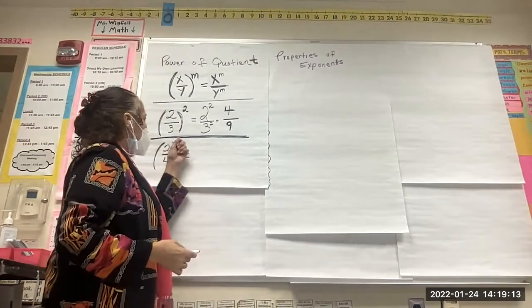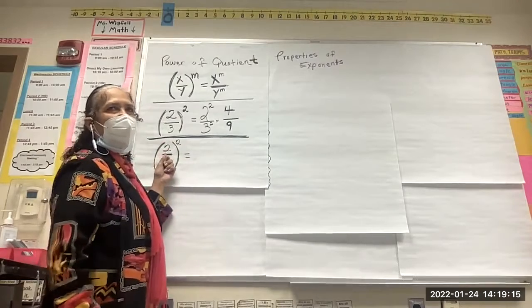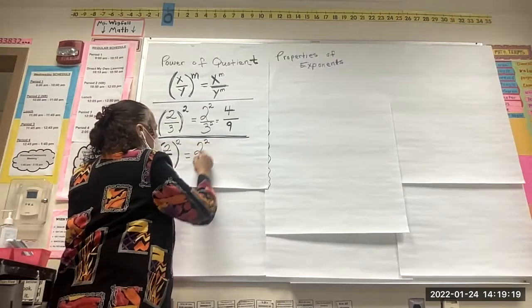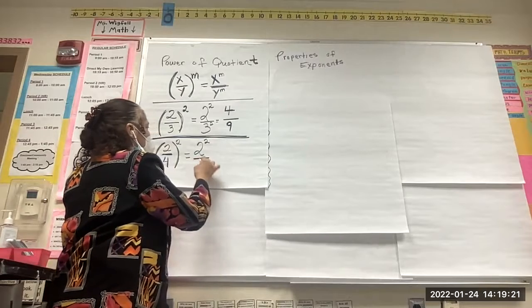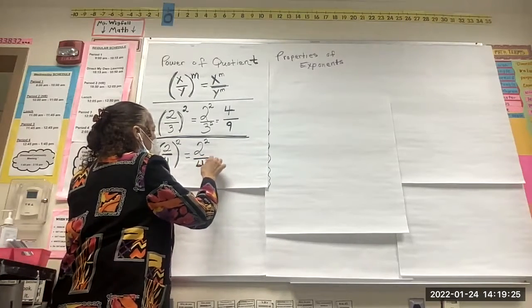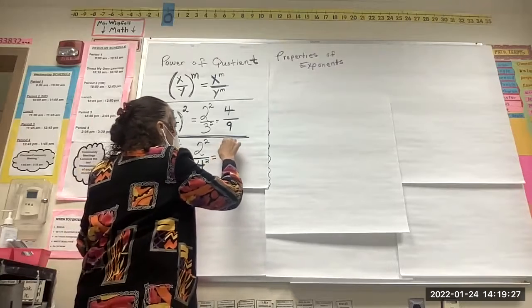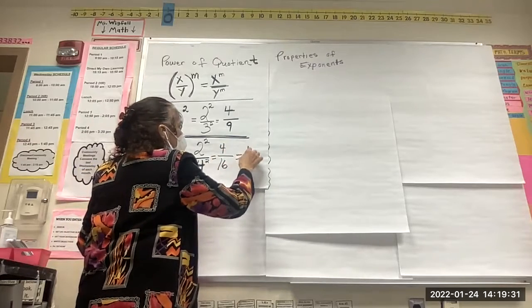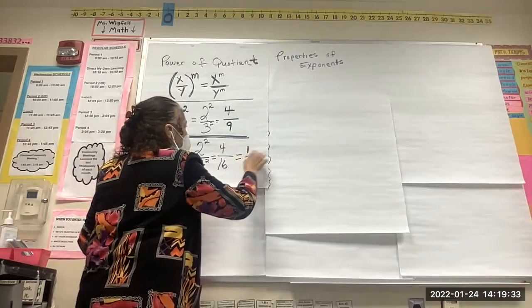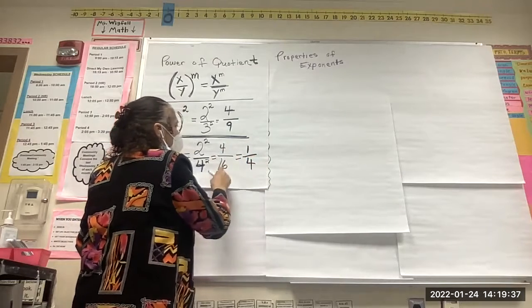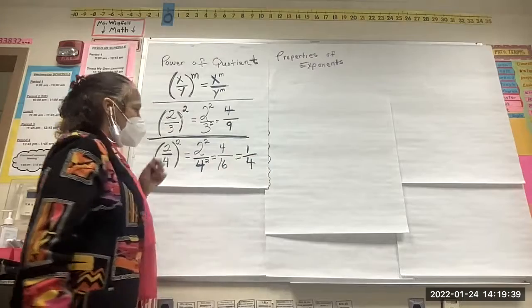The power of 2 outside the parenthesis goes for the numerator number, so that's 2 to the second, divided by the denominator number, which is 4 to the second. 2 to the second is 4. 4 to the second is 16. So the result is 1/4 when you reduce it, because 4 goes into itself once, into 16 4 times.